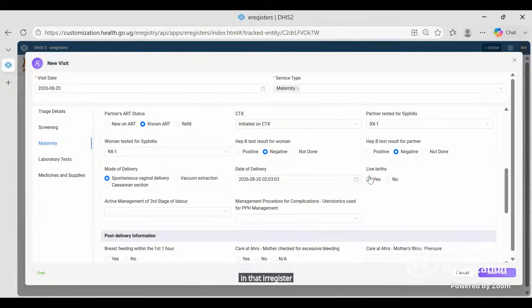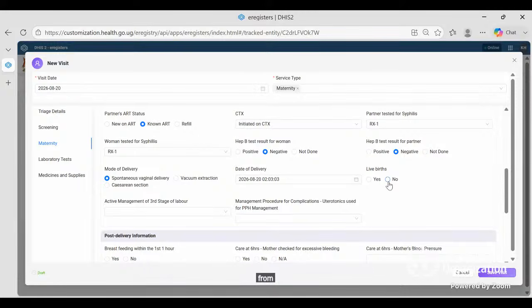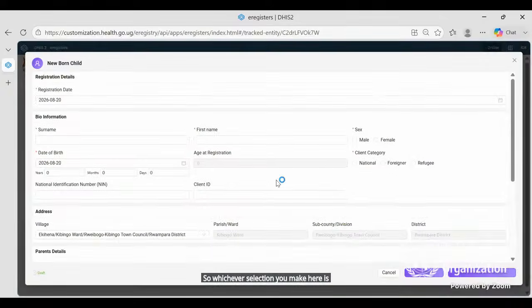If it was not a live birth, we also need to record that so that we are able to do the perinatal death notification from the e-register. So whichever selection you make here is going to trigger a registration of a child.